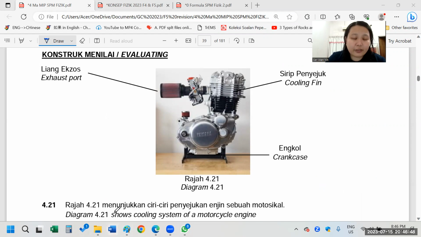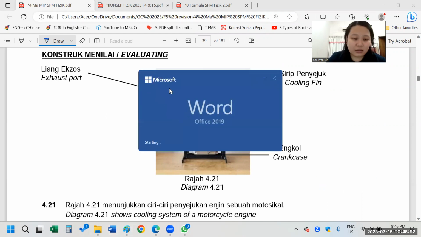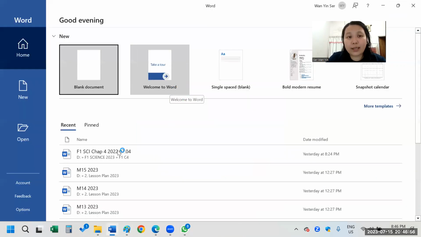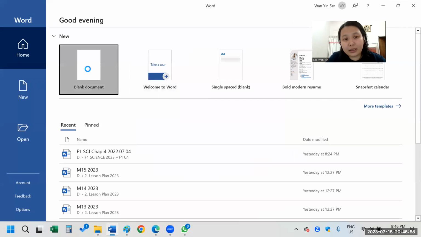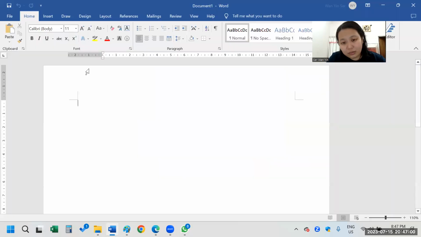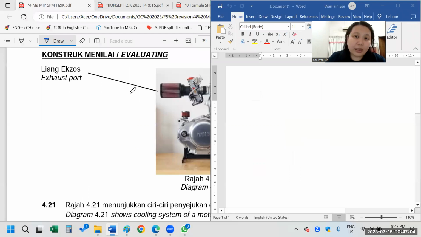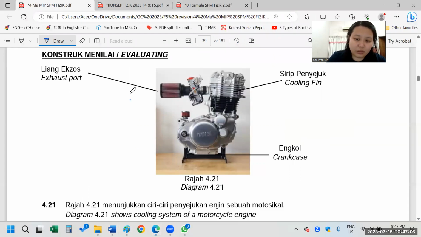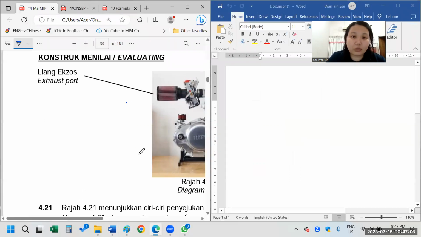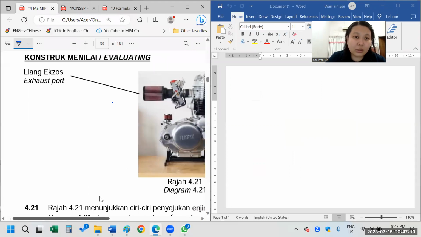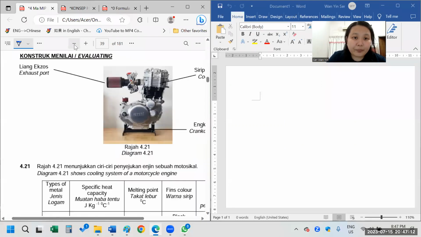Don't forget, physics paper 2 needs 1 test pad. Paper 1, I will prepare the OMR for you, but you still can keep the OMR because your trial also can use.